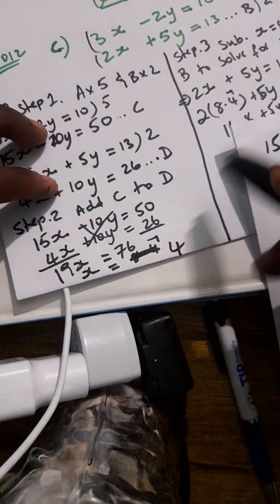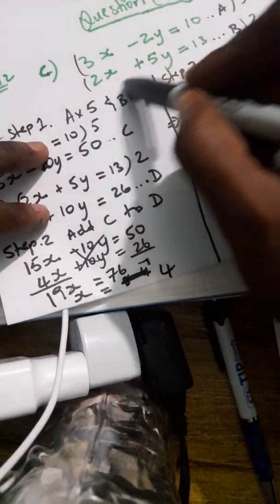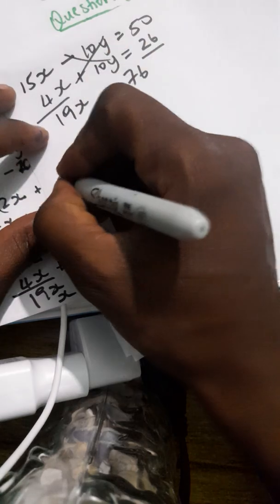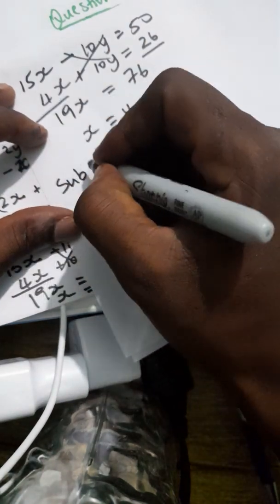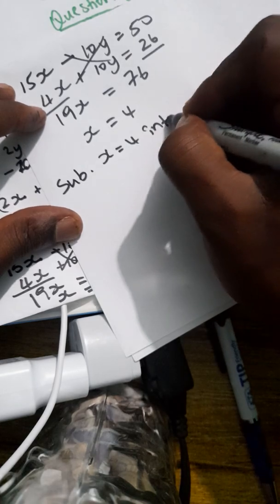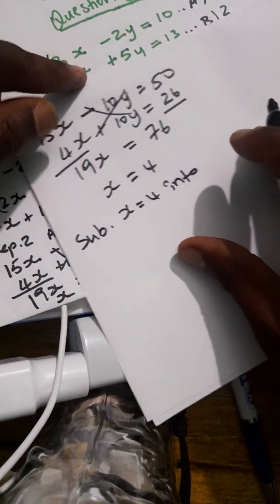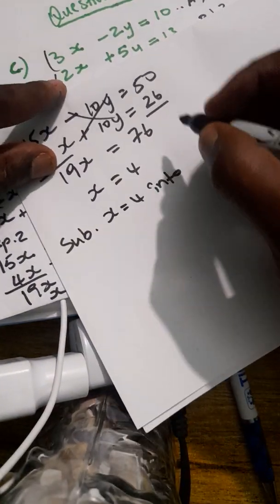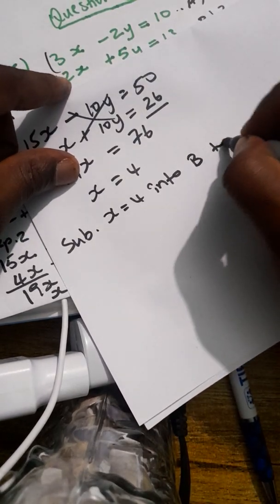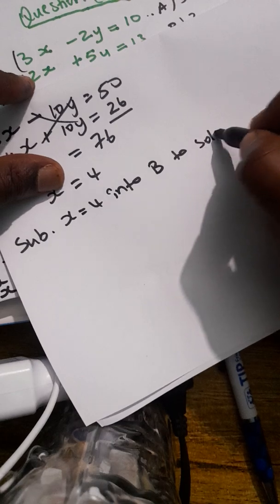Then we substitute now in this equation. We substitute 4. So step 3 would be to substitute x equals 4 into that equation with the positive y. Sorry, substitute it into B to solve for y.